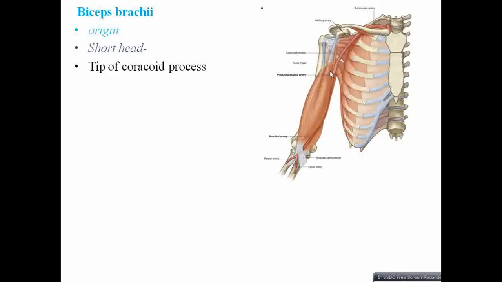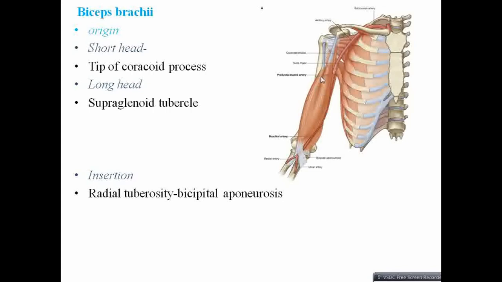Short head is originating from the tip of the coracoid process. Long head is originating from the supraglenoid tubercle that can be seen on the scapula. Insertion: both heads unite to form the belly of the muscle.